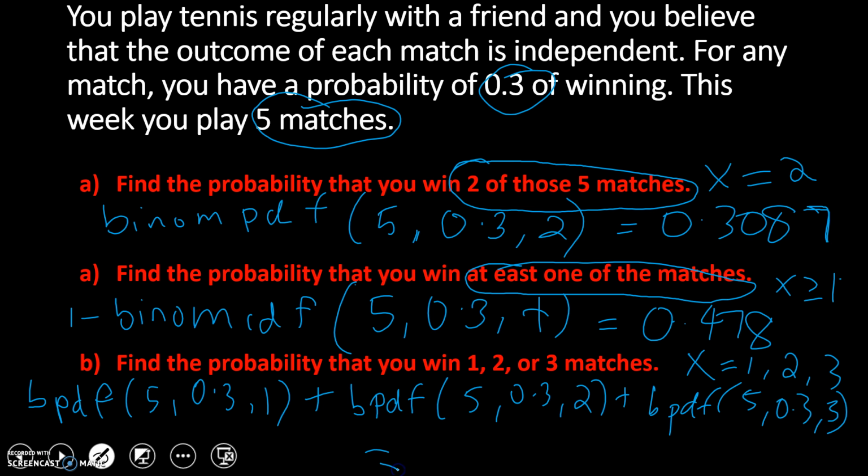The sum is the probability of winning 1, 2, or 3 matches, and the answer is 0.8012.